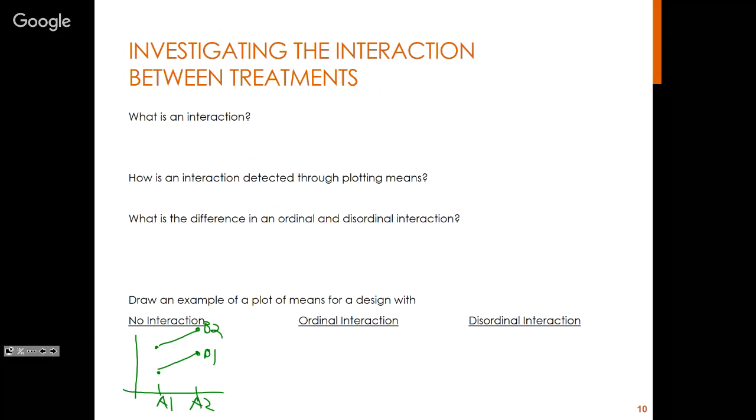So the effect that we see at A1 is the same at both levels of B. Whether we're looking vertically or horizontally, there's the same shift across all levels of A and all levels of B. So what does a plot look like that does have an interaction?